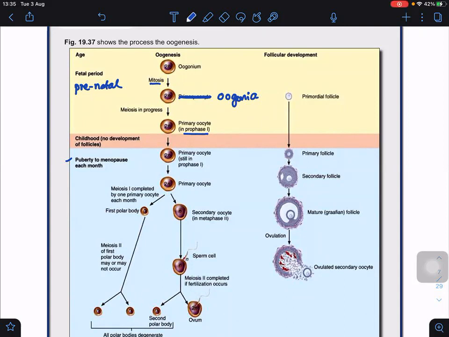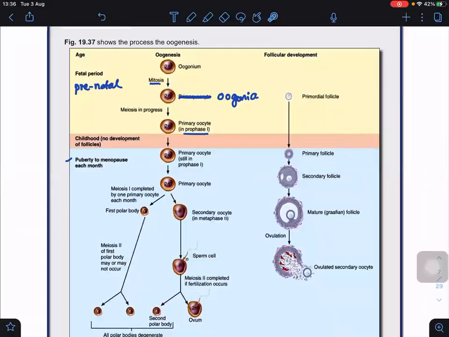Because everything has to be done before the female is born. During the prenatal or fetal stage, the oogonia have already developed, so the female has a definite number of them, and they develop into primary oocytes. They start meiosis but stop at prophase 1, and the primary oocyte does nothing during childhood until the female reaches puberty.